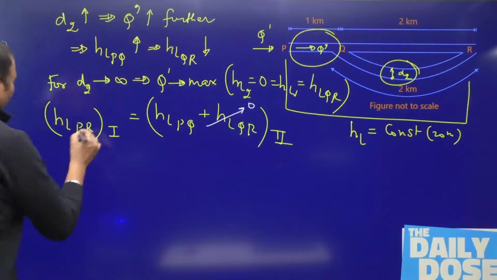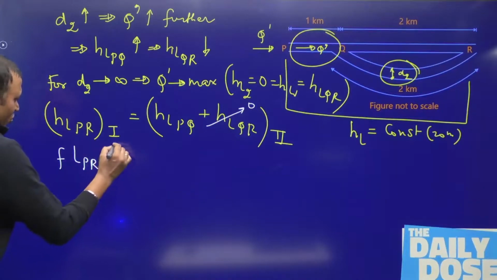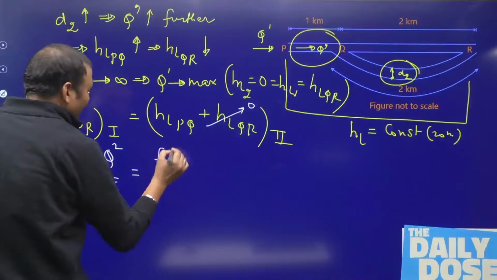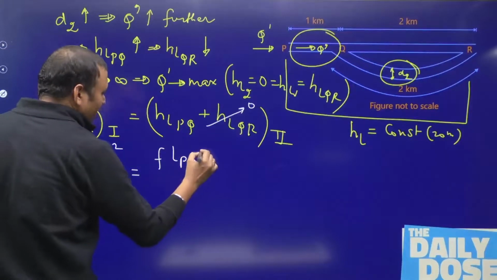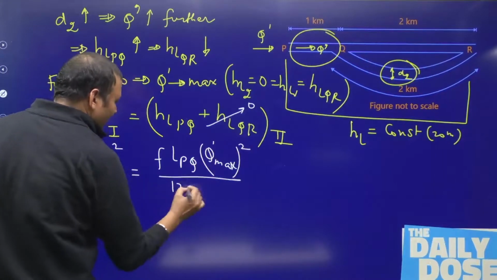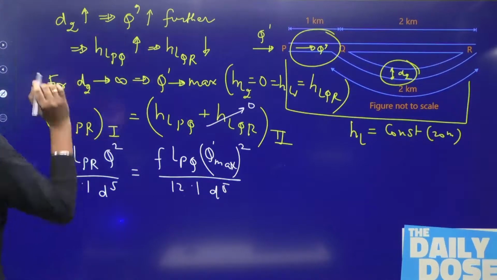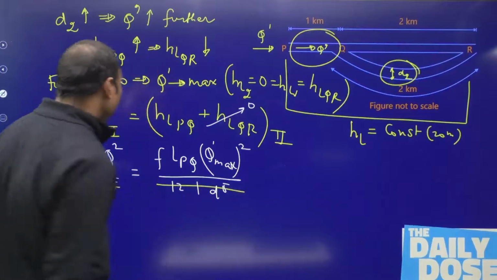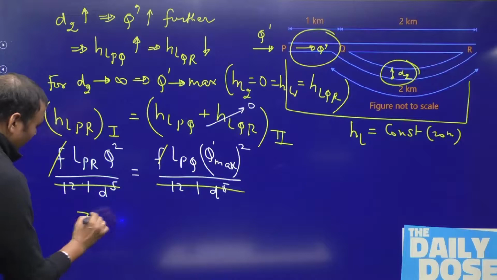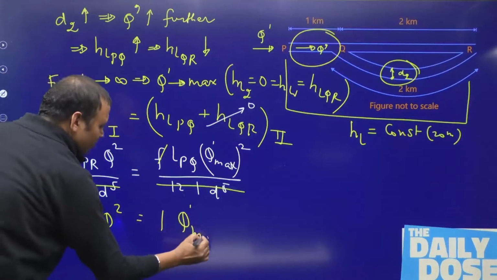And if this becomes 0, we can write F, the length between P to R, discharge earlier was Q square upon 12.1 D to the power 5, is equal to F, the length between P to Q into Q dash maximum square upon the diameter, which remains the same, D to the power 5. If you simplify this, this gets cancelled out. Friction factor is the same. Then the length between P to R is 3 km, so 3 Q square is equal to P to Q is 1 km, then Q dash maximum square.